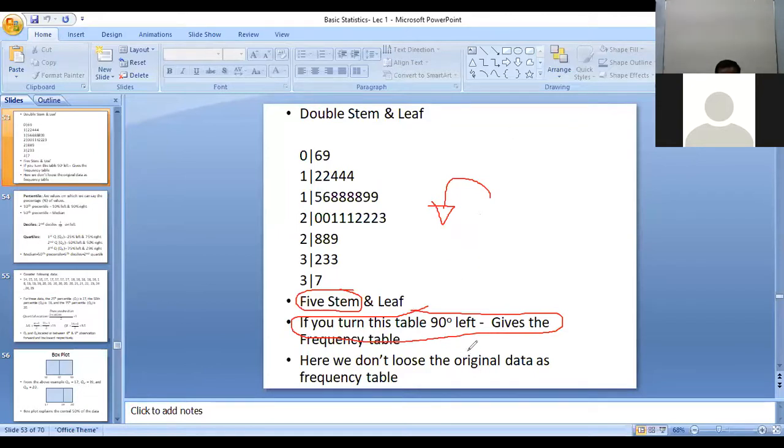What is the advantage of having stem and leaf? We don't lose any data here compared to the frequency tables. In a frequency table, we lose the original data. So that is the difference between the stem and leaf and the frequency table.